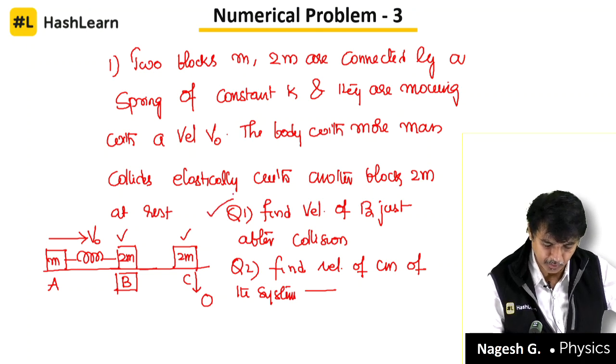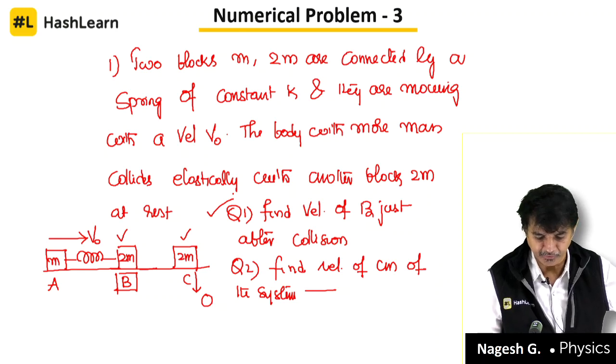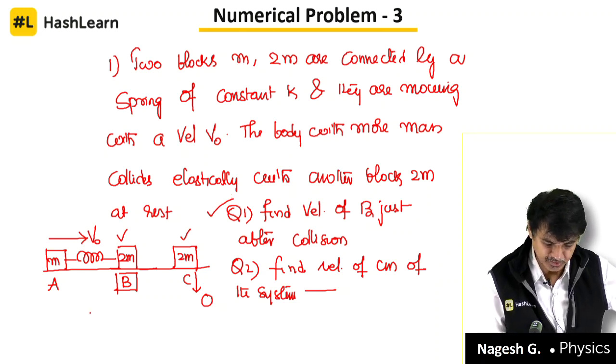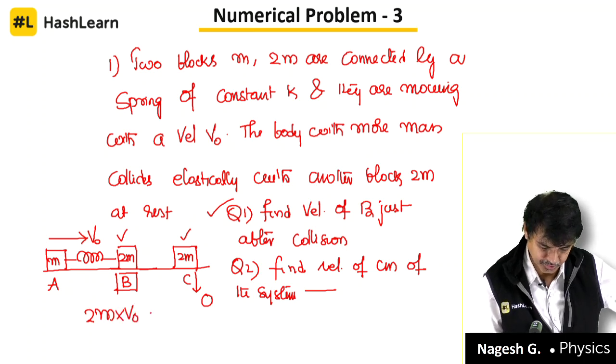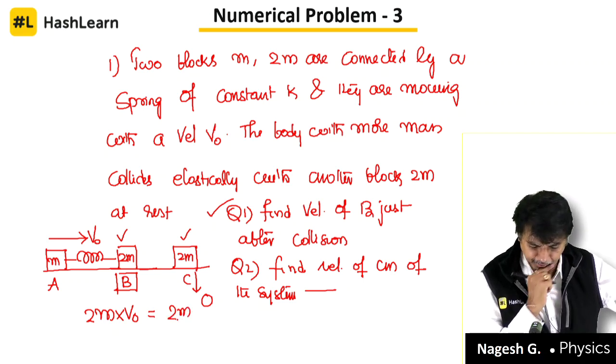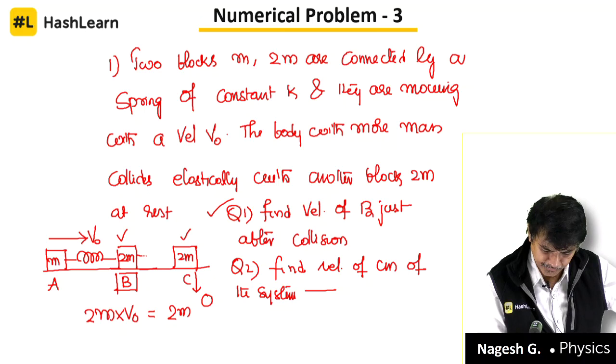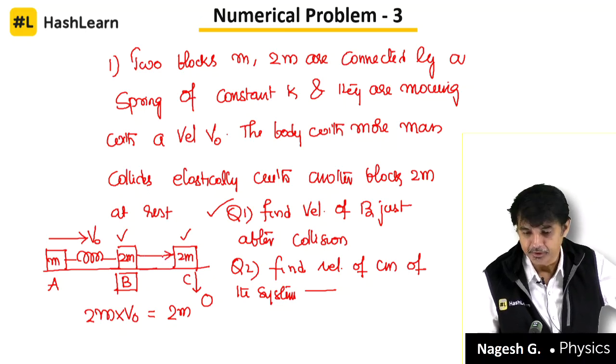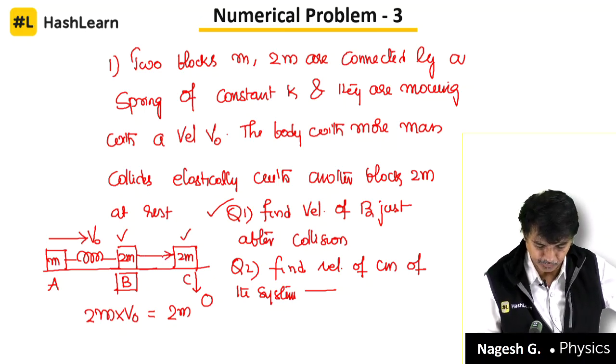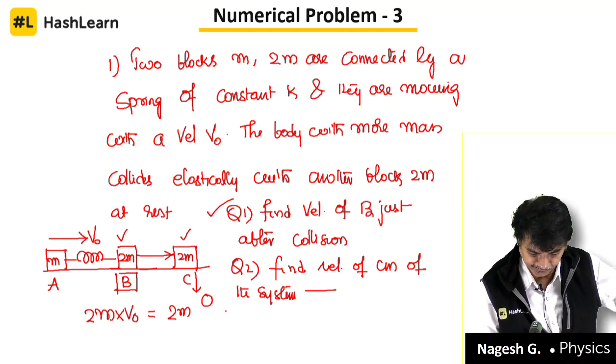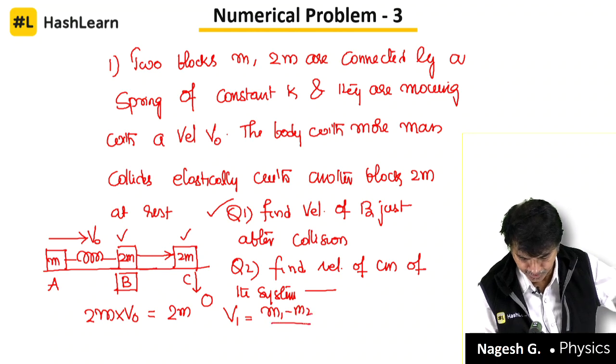So the velocity of block B just after collision will be equal to 0, according to the conservation of momentum. Mathematically, 2m into V naught is equal to 2m into... it transfers its entire velocity to the other block and comes to rest. We have V1 equal to (m1 minus m2) by (m1 plus m2) into u1.